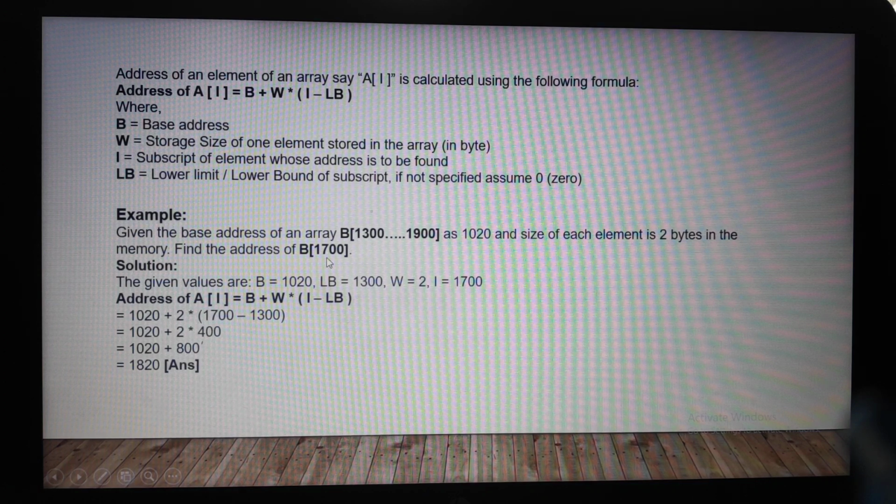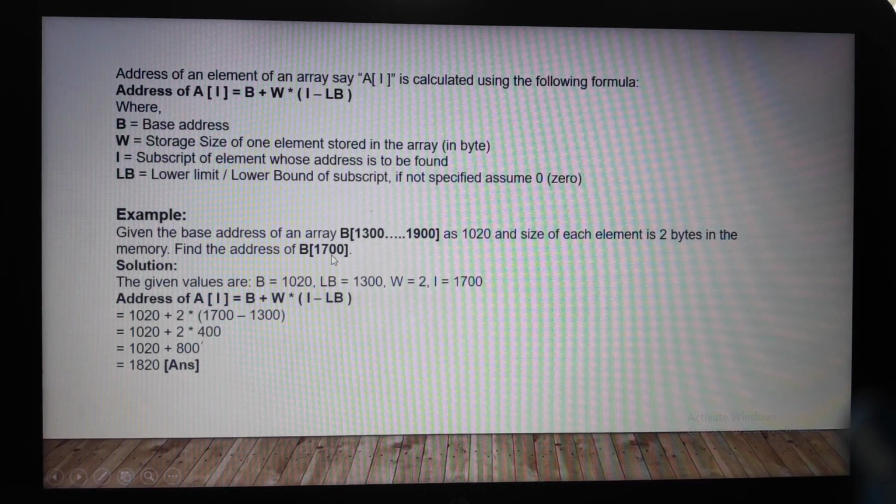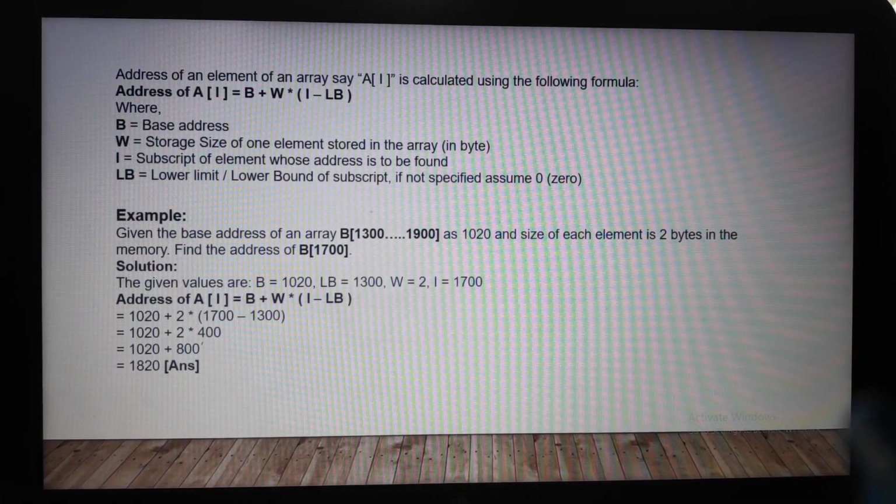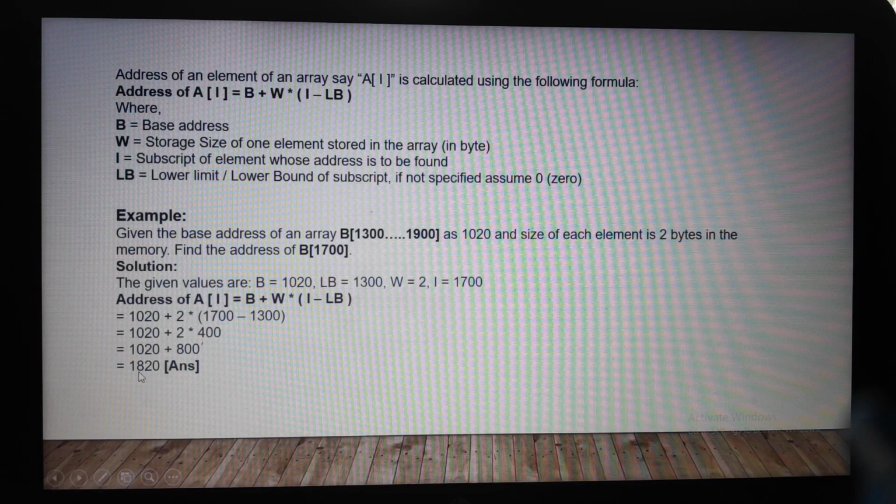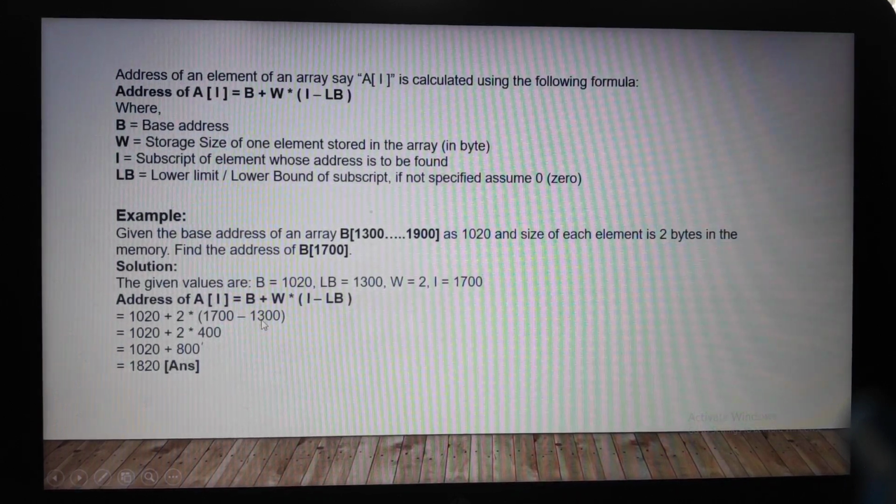Find the address of b 1700, where 1700 is the subscript of the element whose address is to be found. Using this formula, b is equal to 1020, lb is 1300 as mentioned in the question, width is 2 bytes, and i is 1700 as mentioned in the question, and after calculation we get 1820 as the answer to this question.